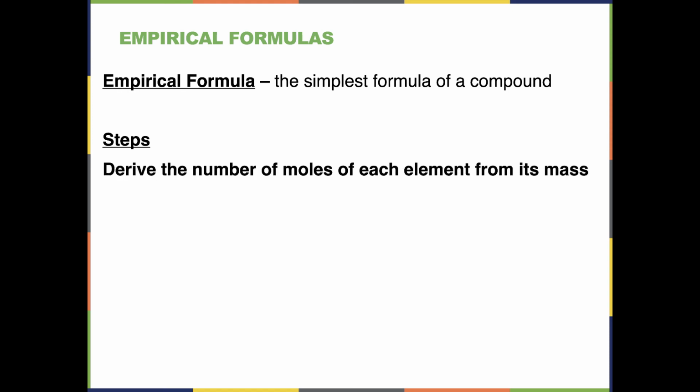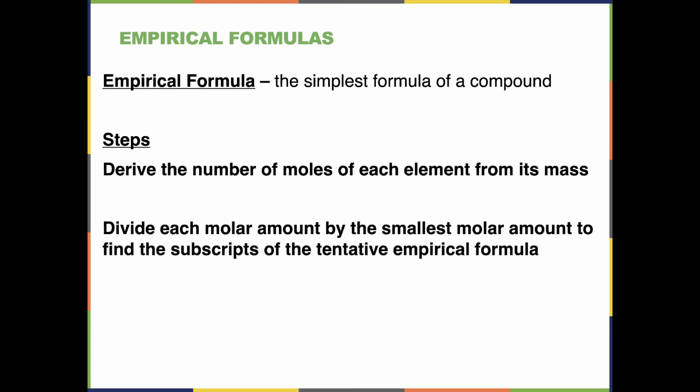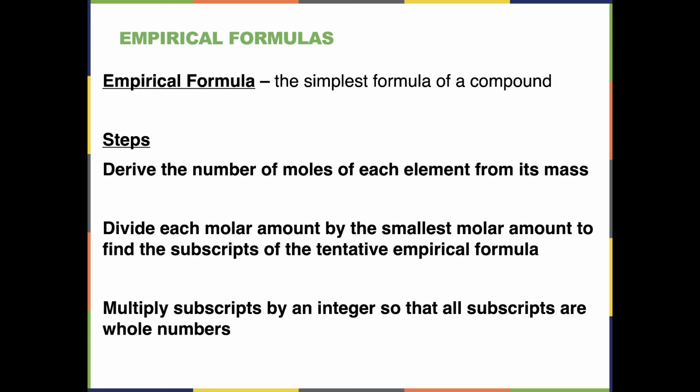You take the percentage composition, or the amount of each element, and determine the number of moles of each element from its mass. You divide each molar amount by the smallest molar amount and find subscripts for the tentative empiric formula. You multiply the subscripts by something so that all the subscripts are whole numbers. So let's take a look at how we would do this.